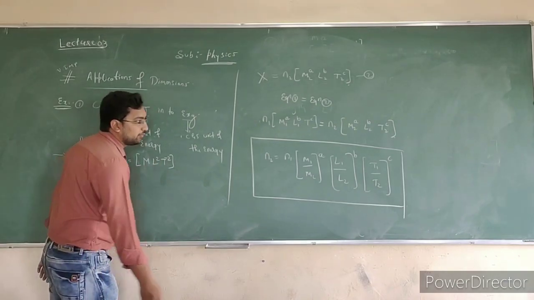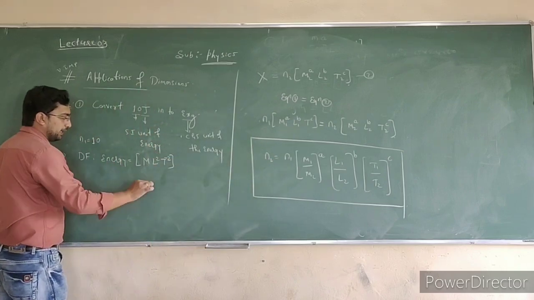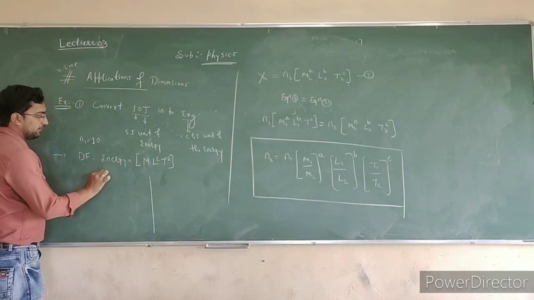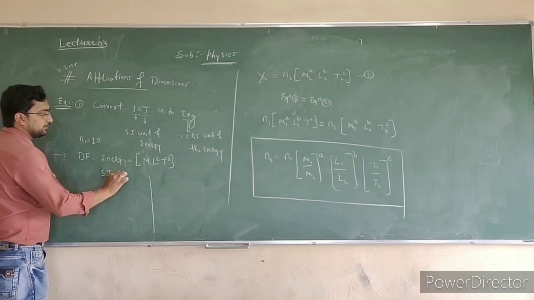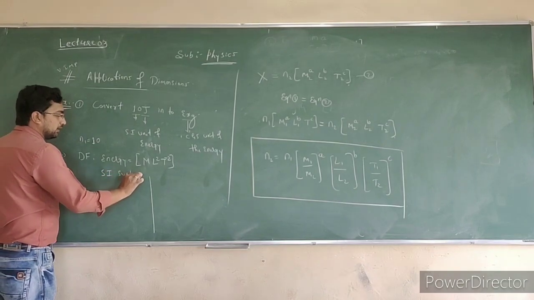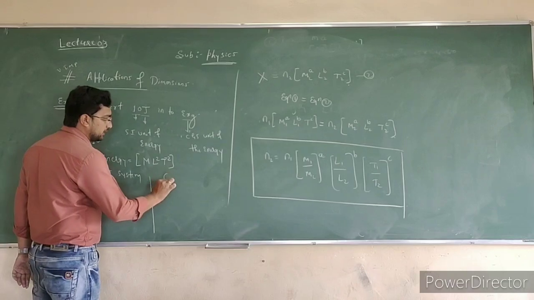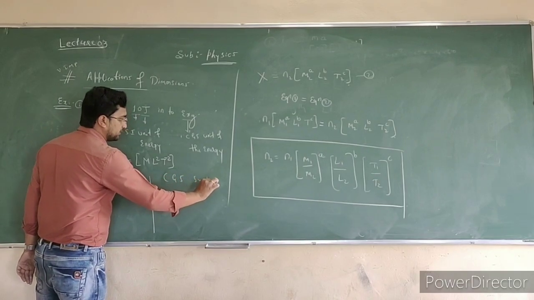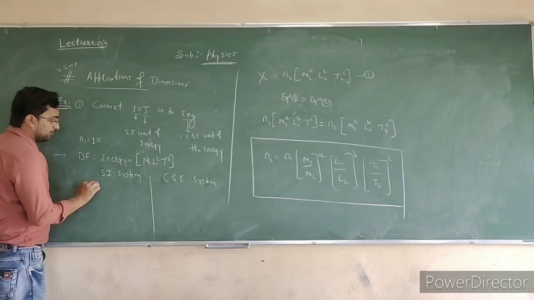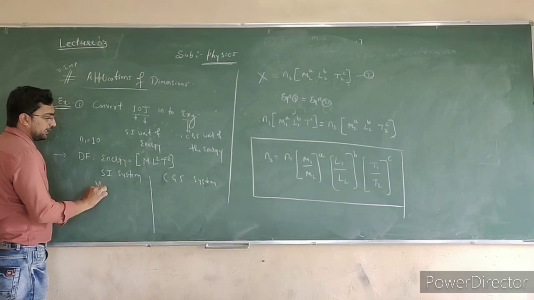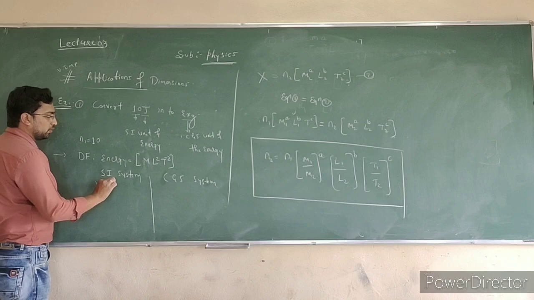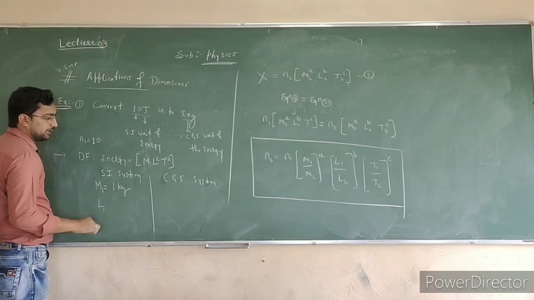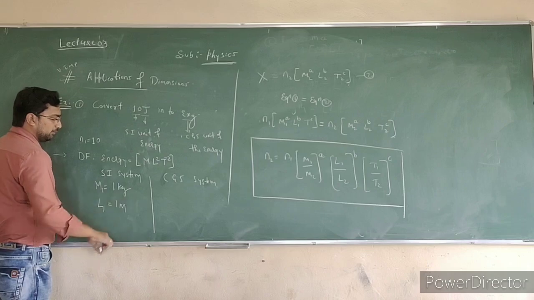So then we are going to find out the M1, M2 value and L1, L2 value. So here the first one is the SI system and the second one is the CGS system. In SI system, mass is measured in terms of kg, that is M1 is equal to 1 kg. Next length, L1 is equal to 1 meter.